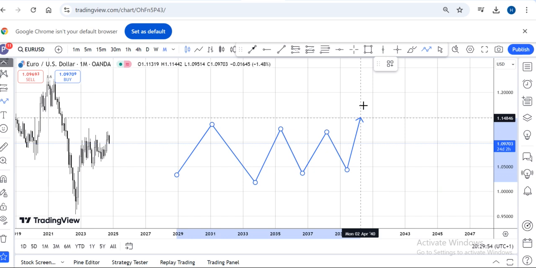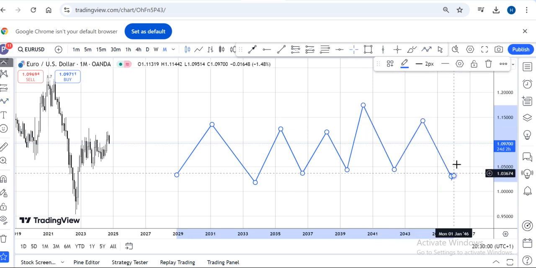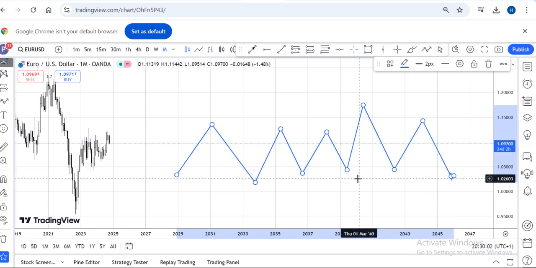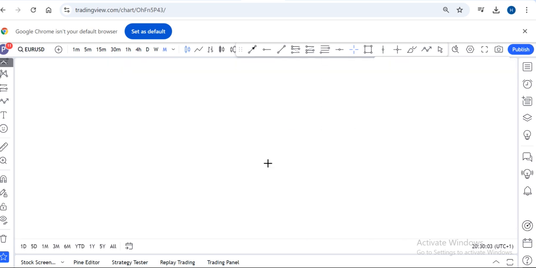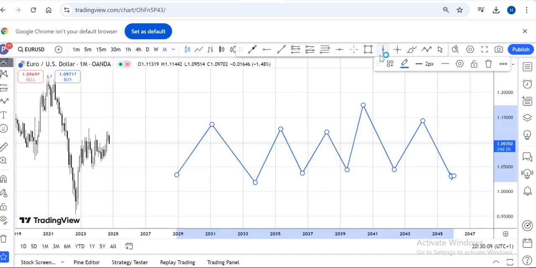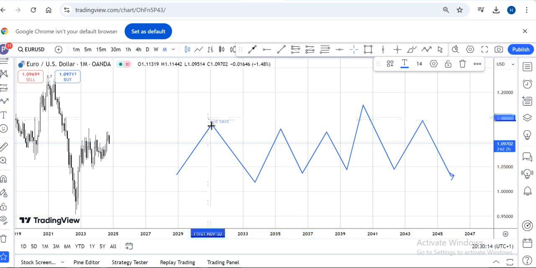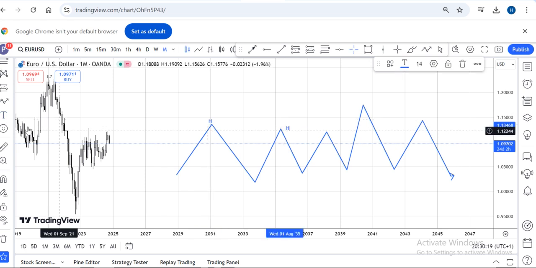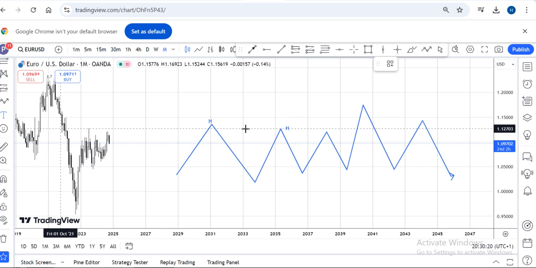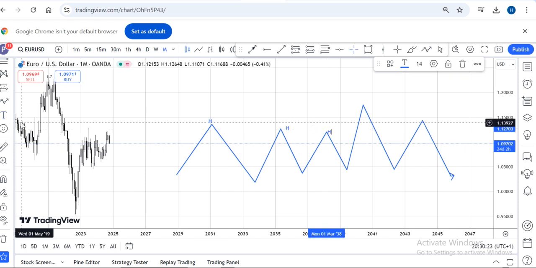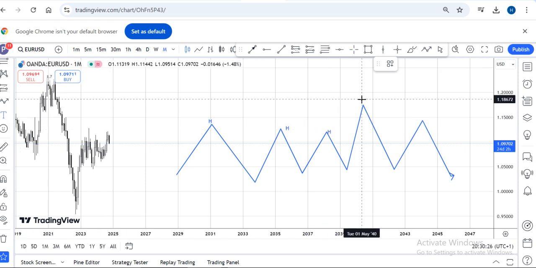You see, it's so scattered, it's not in any particular form. Are you with me? So for these ones, the levels at the top, you simply call these highs because they are all at the same level. I don't know if you get what I'm saying. Are you with me?